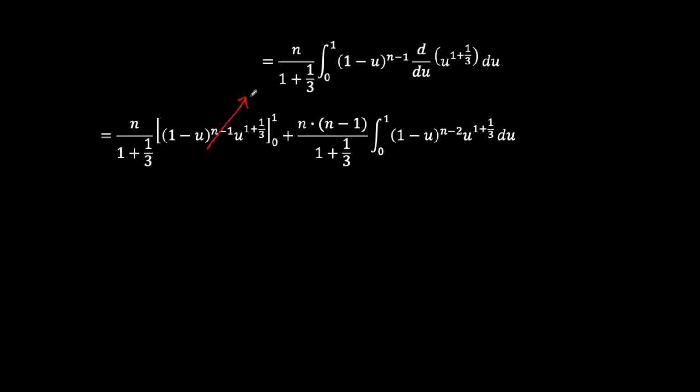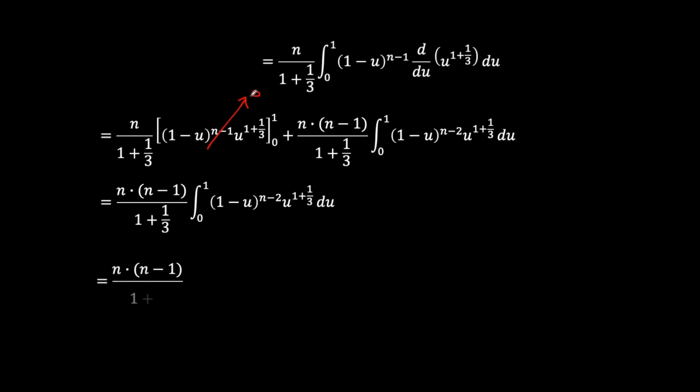Now we continue down. Now the process continues. It continues. And again, we use integration by parts, right? And u to the power (1 plus 1 over 3) is the same as 1 over (2 plus 1 over 3) times the derivative of u to the power (2 plus 1 over 3), right?